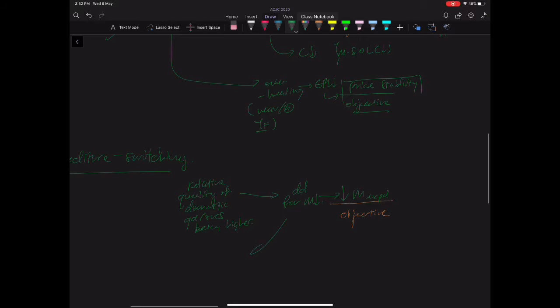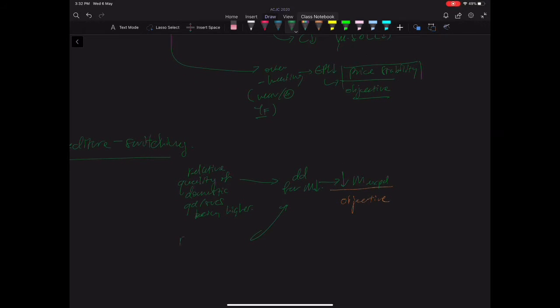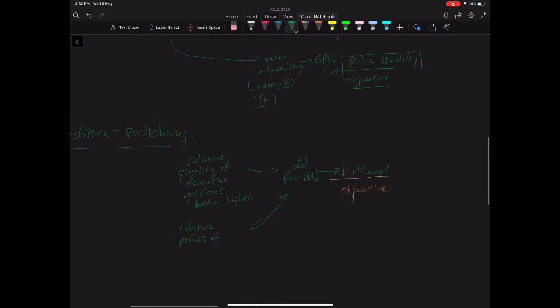Or it could be that the relative prices of imports are more expensive.